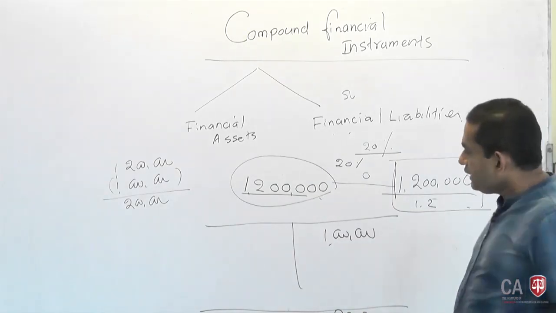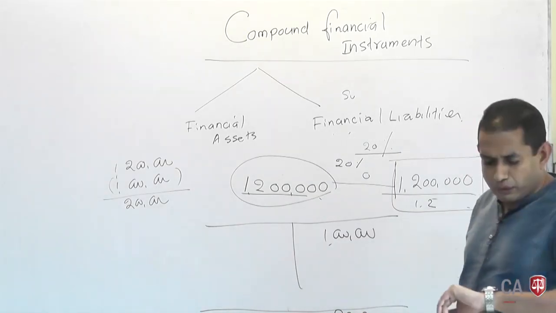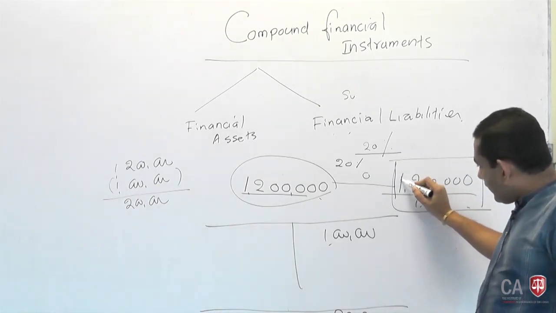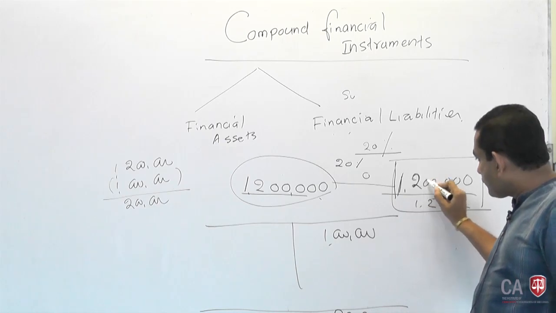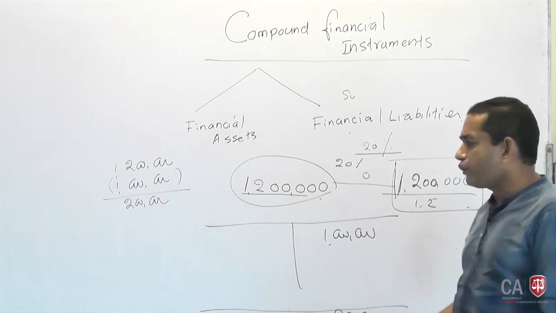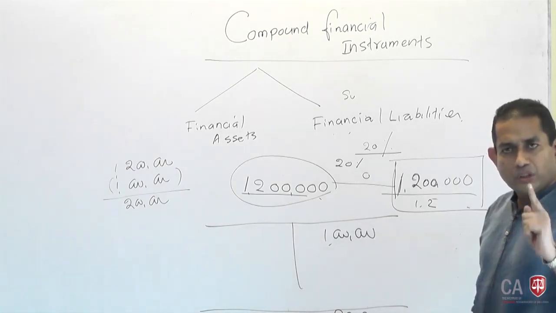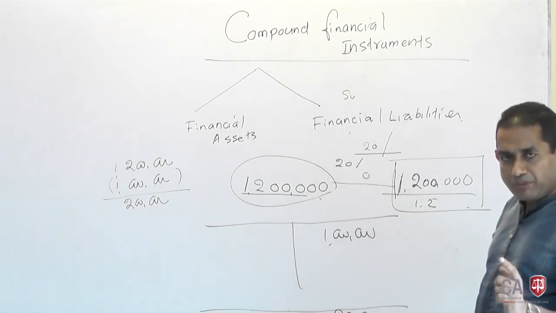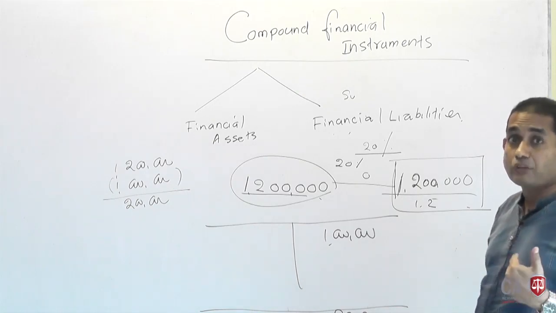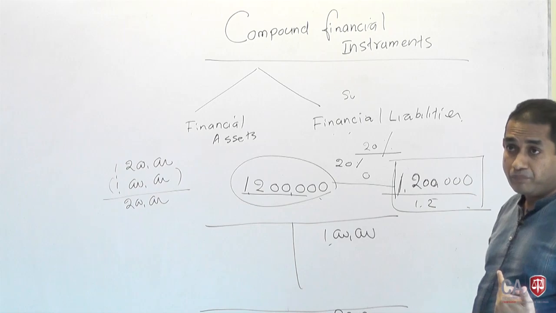Then another one, we will get back to the conceptual framework. The amount to be paid in 1 year's time should be 1.2, and this is not the present obligation. For that to be a liability, remember it is a present obligation as a result of a past event.